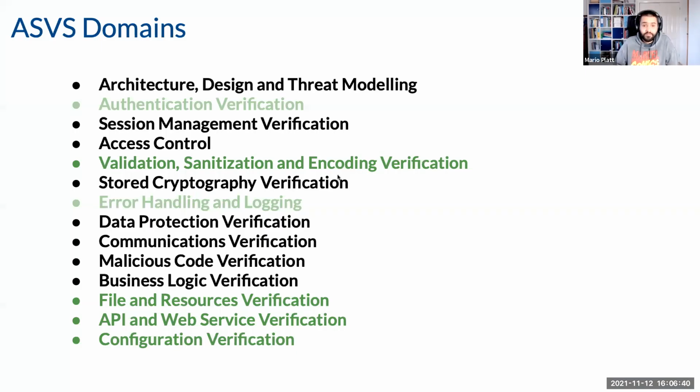The ASVS itself is broken down into a number of different domains: architecture, design, and threat modeling, authentication, all of those that you see on the screen. The standard itself is built a bit like a checklist, so you can use ASVS to go through each of the areas and see how your internal applications are faring against all of those requirements.